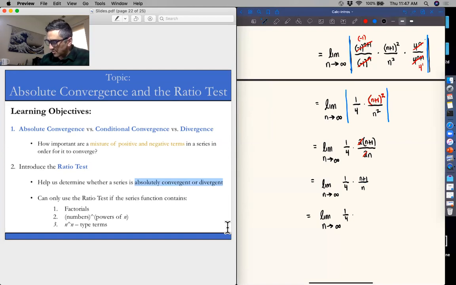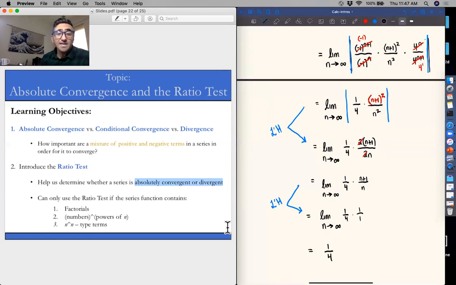The derivative of the numerator is a 1, derivative of the denominator is a 1. So we just finally get the limit as n goes to infinity of 1/4 times 1. And maybe I'll just write in, again, we did L'Hopital's rule a few times here. So this overall limit as n goes to infinity is just equal to 1/4.